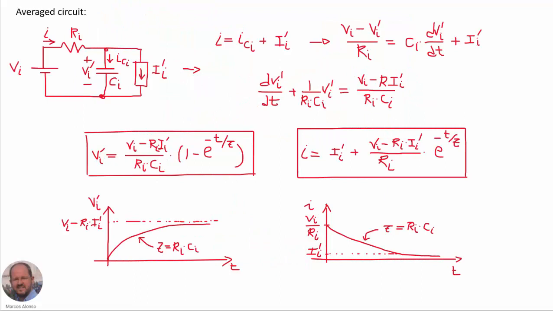This circuit is very easy to analyze. We can obtain these equations here and from them this final differential equation, and then from it we can obtain the evolution of the input voltage and also the input current.